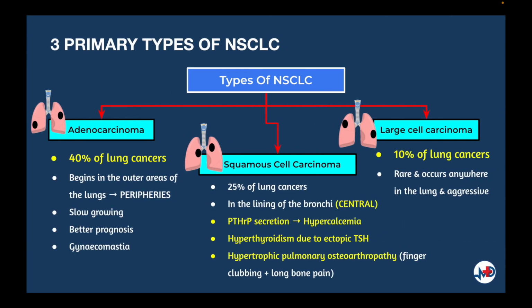There are 3 main subtypes of non-small cell lung carcinoma, including squamous cell carcinoma, which makes up 25% of lung cancers, adenocarcinoma, 40% of lung cancers, and large cell carcinoma, which makes up 10% of lung cancers. Adenocarcinoma is the most common form of non-small cell lung carcinoma, accounting for approximately 30%. This type of cancer is seen in non-smokers or former smokers. Lung adenocarcinoma usually begins in the peripheries of the lungs and can grow quite large before it is detected.